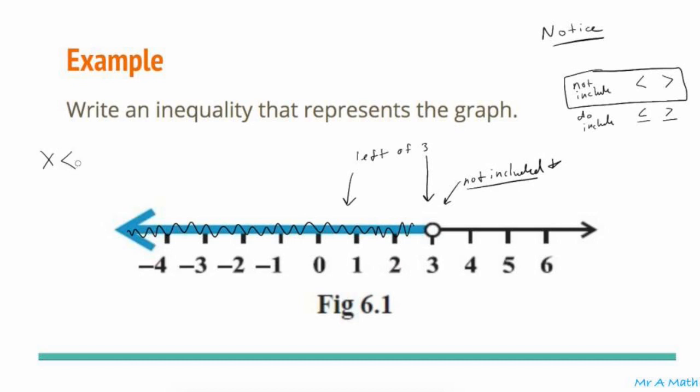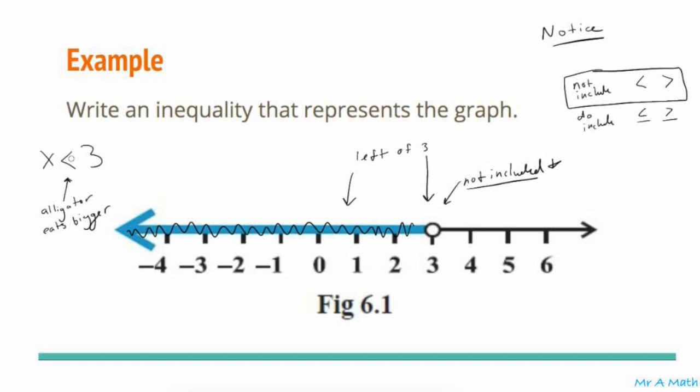Now, why did I write it in this direction? Well, the way I like to think about it is the alligator eats the bigger cookie. In the case of math, the alligator eats the bigger number.